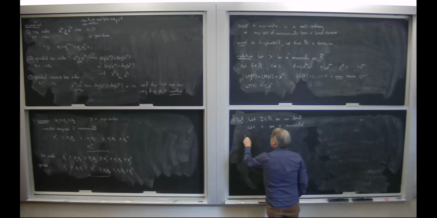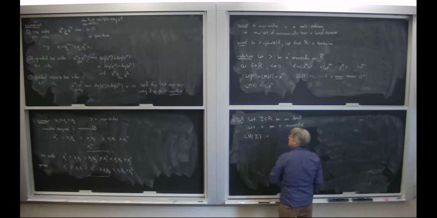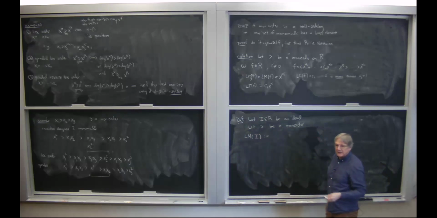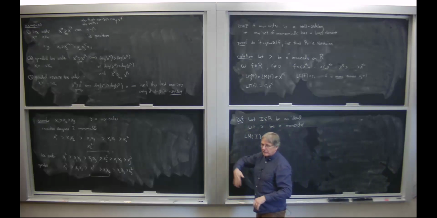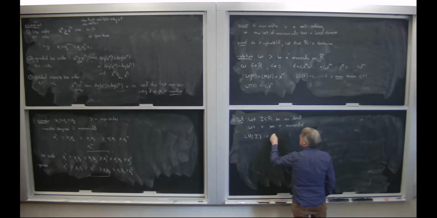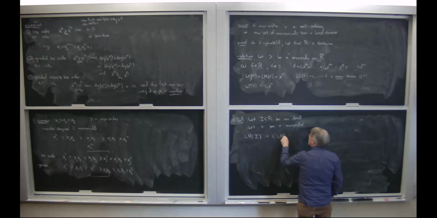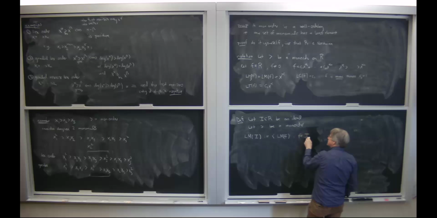So define Lm of I to be the lead term ideal or lead monomial ideal. The coefficients really don't matter because, since it's over a field, you can multiply or divide by them at will. This is going to equal the ideal generated by the lead monomial of every f, where f is in I, not equal to 0.